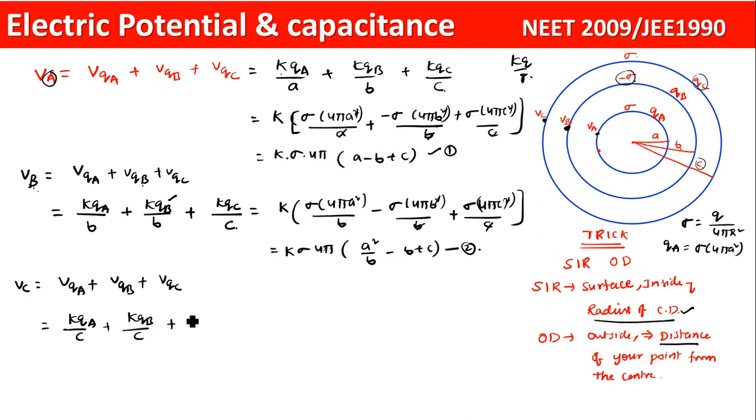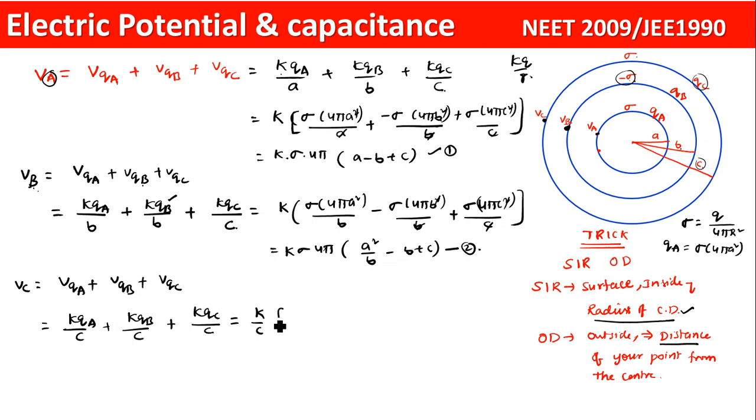Next KQC. Your point is on the surface. Surface means you have to use the radius of the charge distribution. Charge is QC. So the radius corresponding to it is actually C again. So I hope you understand what I am saying. Now here I can take K by C common.